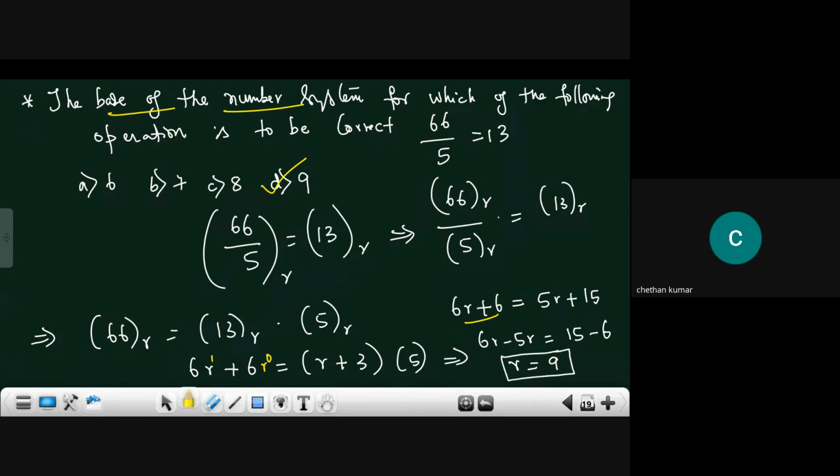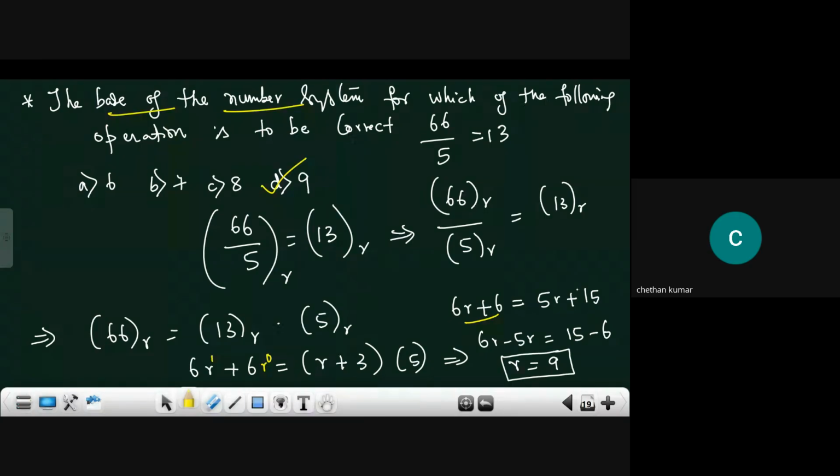So if you substitute r value as 9, are you getting LHS equal to RHS? You can substitute in this equation. r is 9, right? 6 into 9 is 54, plus 6 is 60. 5 into 9 is 45, plus 15 is 60.